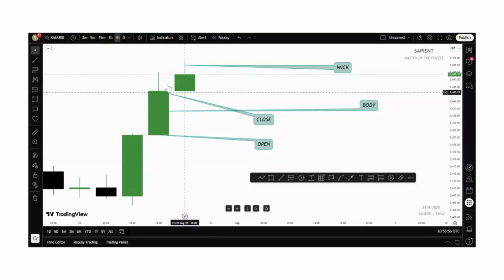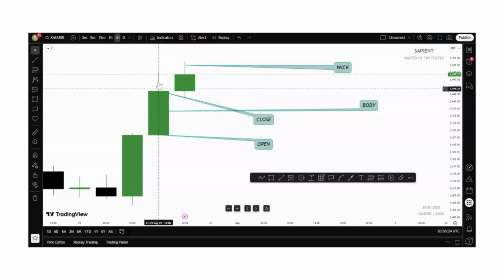So now you can see that this wick right here showed us that price has been at the region of $3,450 per ounce. Price now closed at 3,443.